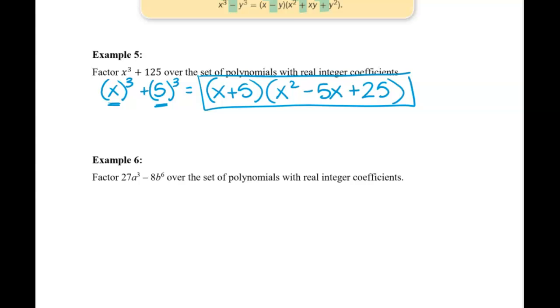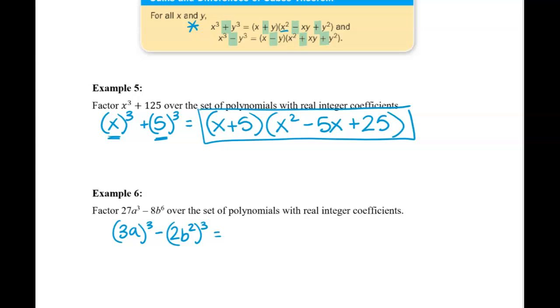For the next one, I see cubes, so let's see what we can do here. I can write 27a cubed as 3a in parentheses cubed, and 8b to the 6th is 2b squared in parentheses cubed. And we're going to use a formula again. I think of the x's and the y's up here as just first term and second term.